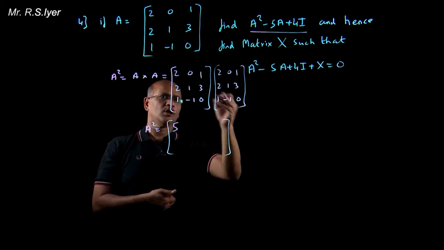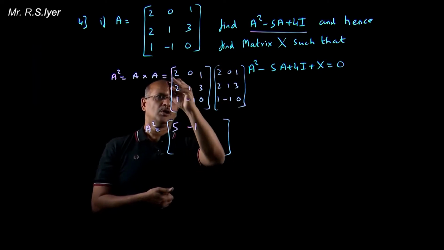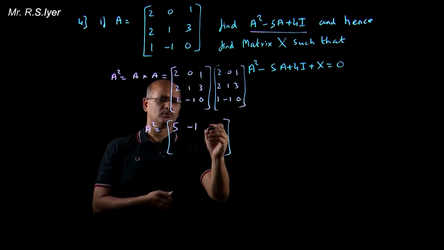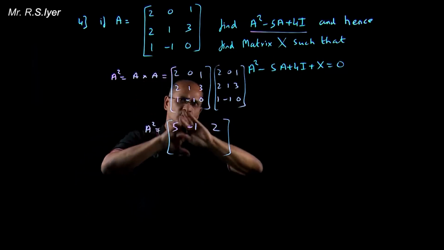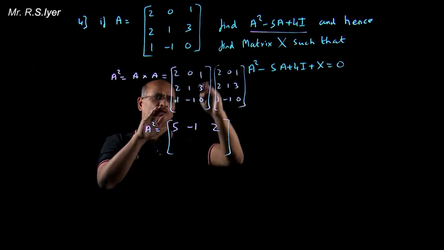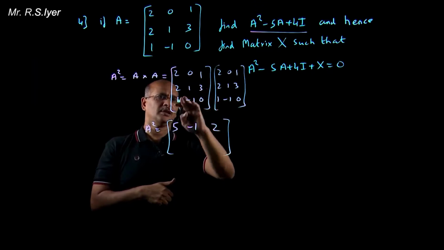Row 1 into column 2: 0, 0, minus 1. Row 1 into column 3: 2, 0, 0. So row 1 is multiplied with all the columns, row 1 is over. Now row 2 multiplied with all the columns. Row 2 into column 1: 2 ones are 2, plus 2, plus 3, that is 7.